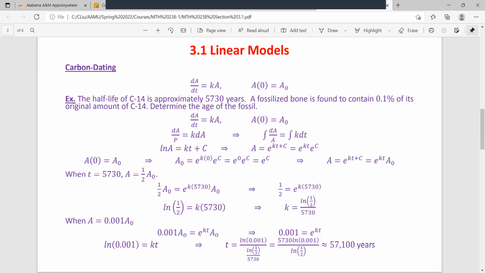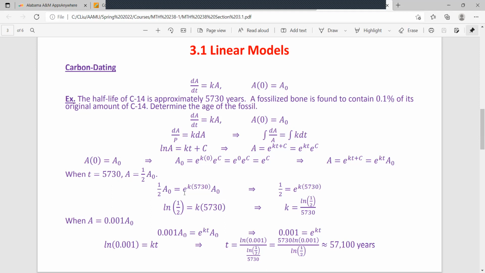Now we're going to use the half-life to figure out this k, just like the other example. Okay, so when t equals 5,730, A equals 1/2 A0. All right. So plug in half A0 for A and 5,730 for t.